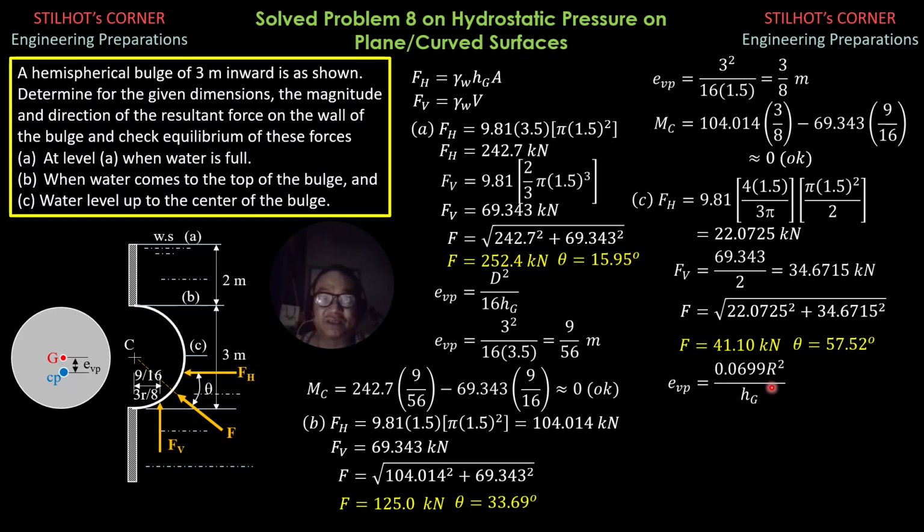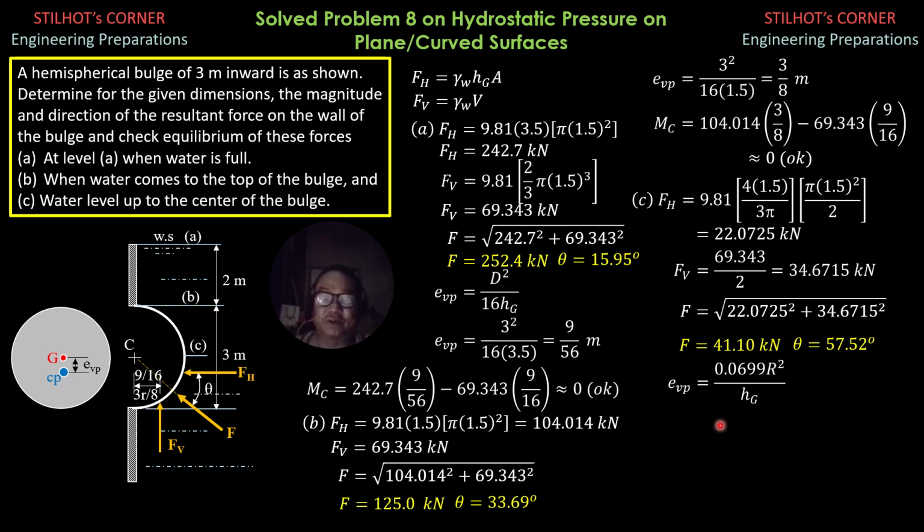Centroidal moment of inertia of semicircle with respect to axis parallel to its diameter, divided by area, which is pi over 2 radius square, then Hg. Sine theta is just 1. So it reduces to 0.0699 r square over Hg.